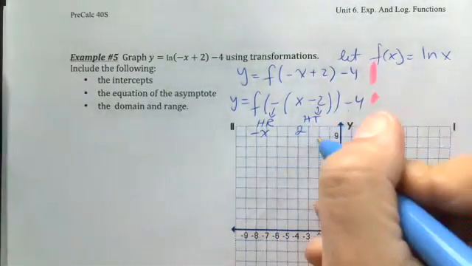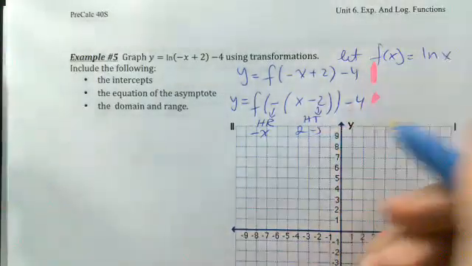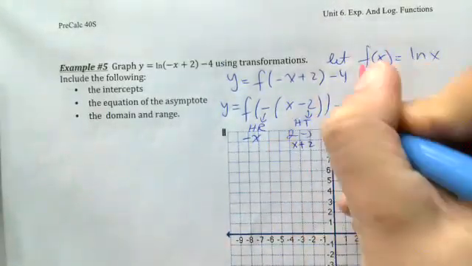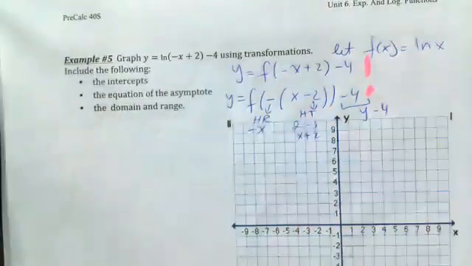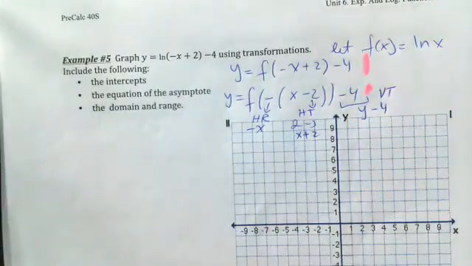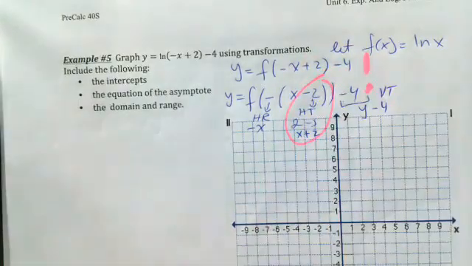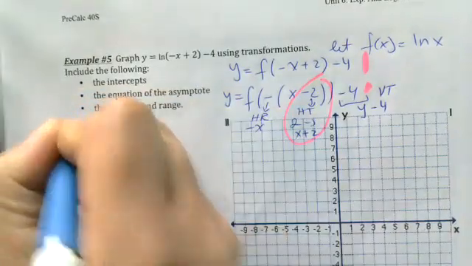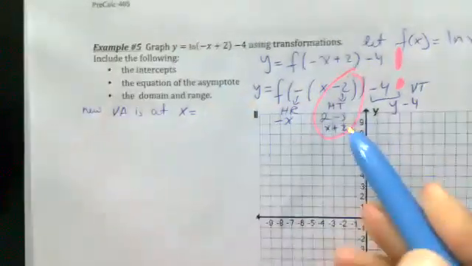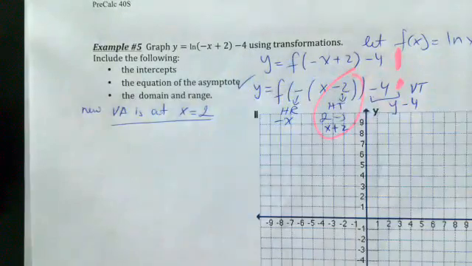To the right, and then 4 units down. So x plus 2, and this is y minus 4. From having a horizontal translation, we also know that the new VA is at x equals 2, right? So that's done.